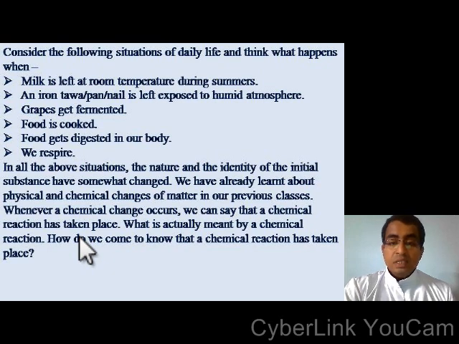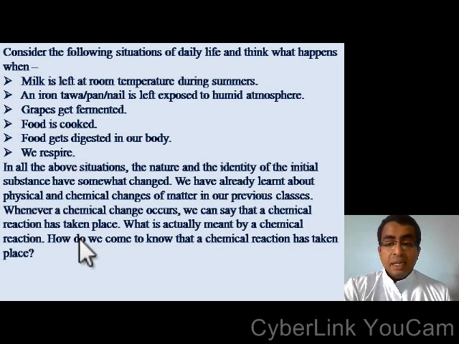In all the above situations, the nature and identity of the initial substance have somewhat changed. We have already learned about physical and chemical changes of matter in 9th standard. Whenever a chemical change occurs, we can say that a chemical reaction has taken place. What is actually meant by a chemical reaction? How do we come to know that a chemical reaction has taken place?